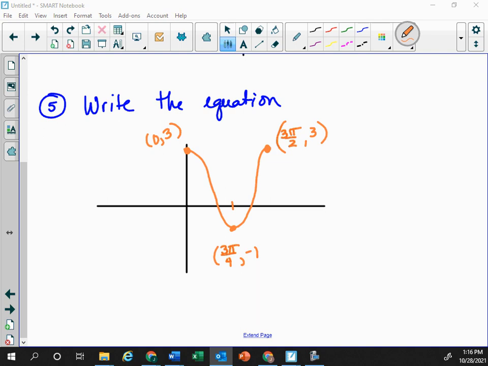And that's halfway in between those two. So I'm clearly not giving you all 5 points that we normally would grab. Once you have an answer, check with your neighbor.